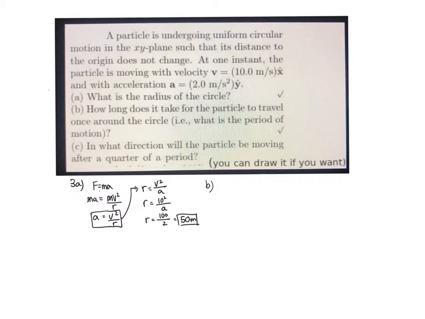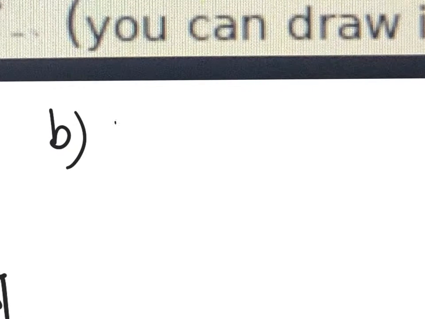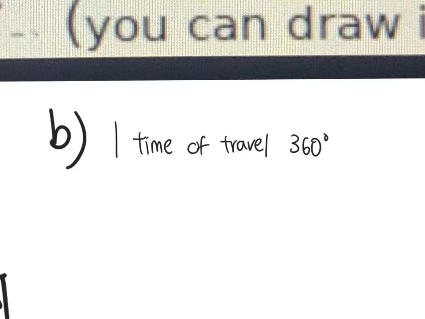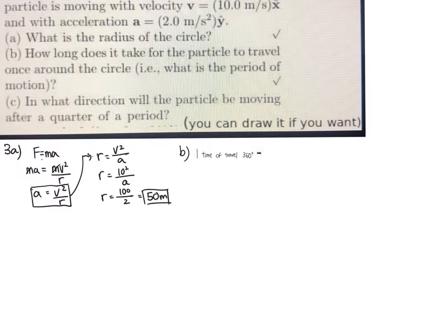How long does it take for the particle to travel once around the circle? What is the period of motion? Okay, so one time of travel is 360 degrees, which is your period. That's also very simple.